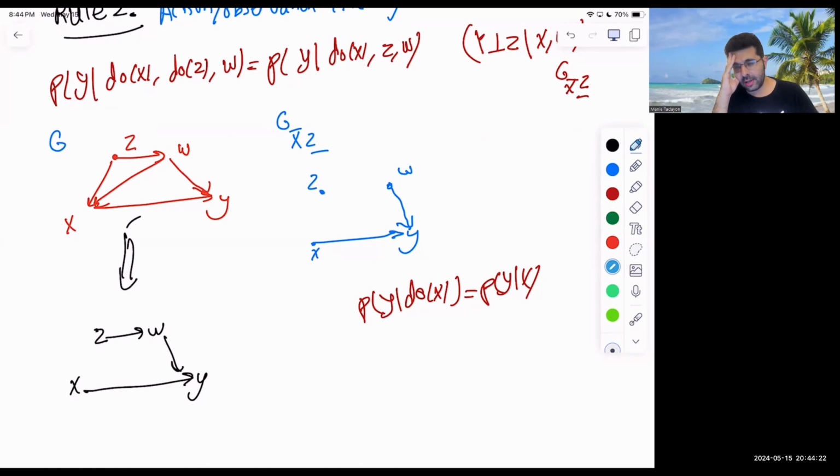Causation and correlation are the same when there is no effect of a confounder. Now let's go back here. It means I can replace do with see. Think about Z. Is there any confounder from Z to Y? No. There is just a direct path. There is no confounder, so causation and correlation are the same. I can just go ahead and get rid of that.